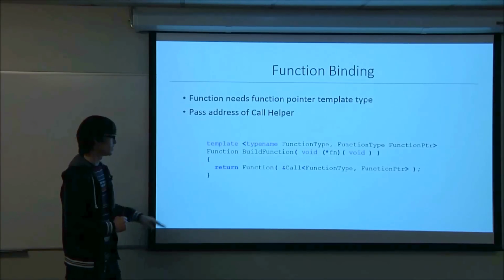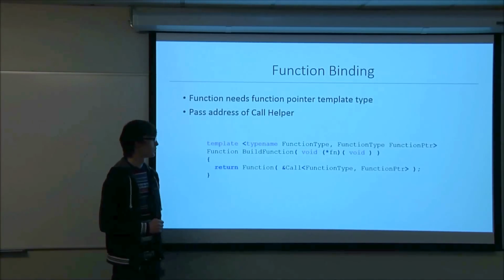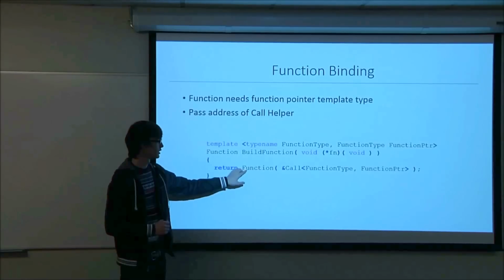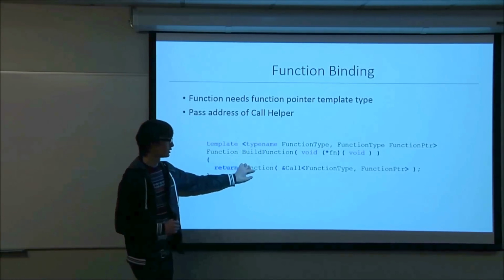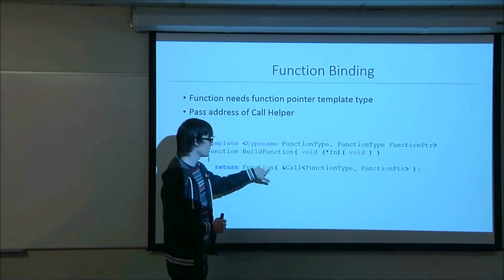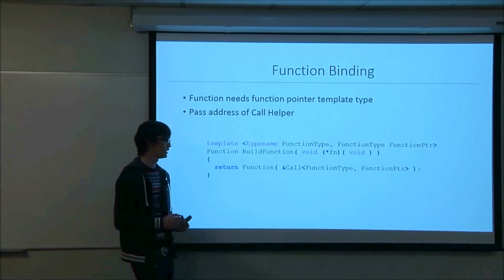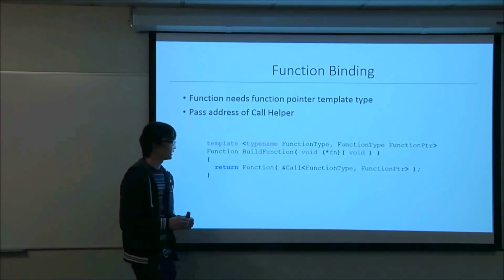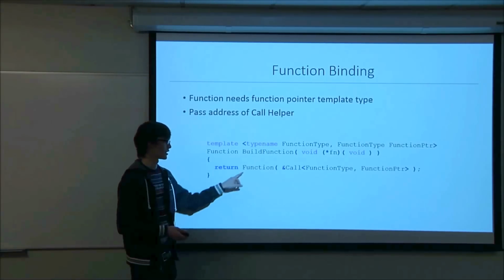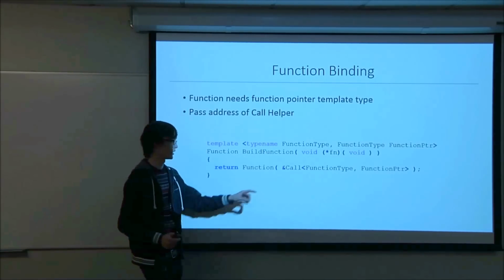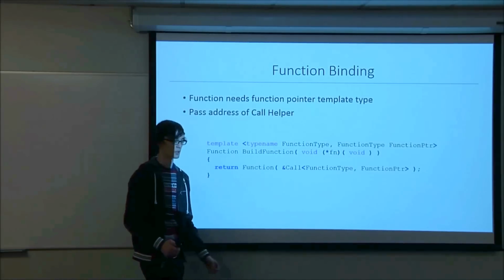So now I filled in the inside of this. The function itself, this is our generic object. A problem with this is being able to call your function pointer, and an easy way to allow your generic object to call this function pointer is to have a helper that calls the function pointer.